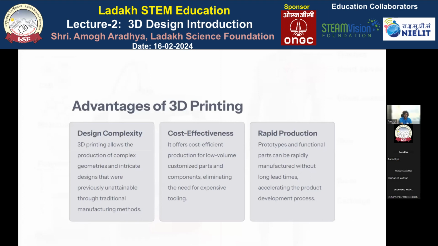So it's quite cheap, and it's good for low volume production. Let's say you want to manufacture 5 to 6 of these components, it will be very expensive with conventional manufacturing processes. But if you do it with a 3D printer, it will be very cheap, and tooling won't be required.